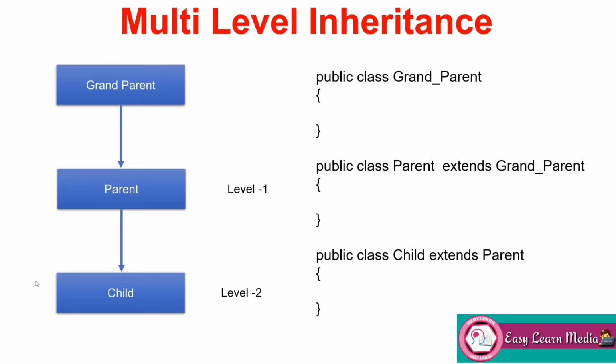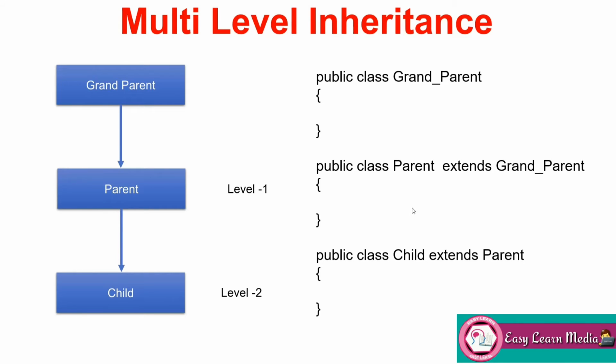On the right-hand side I have given the general format. Grand_parent is the base class. This base class is inherited by the parent class with the help of the extends keyword. This parent class is also inherited by the child class, so the child can have the properties of the parent as well as the grandparent. That is the concept of multi-level inheritance.